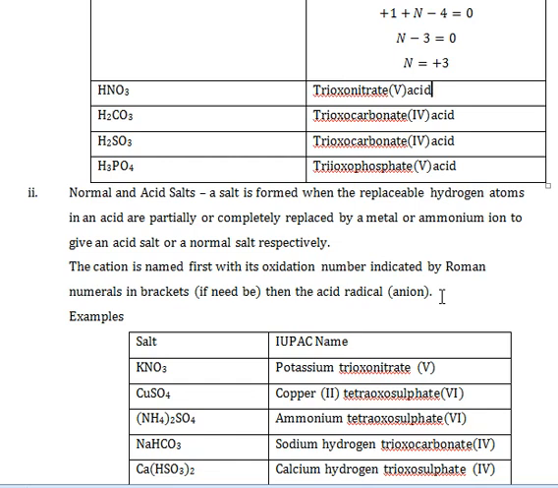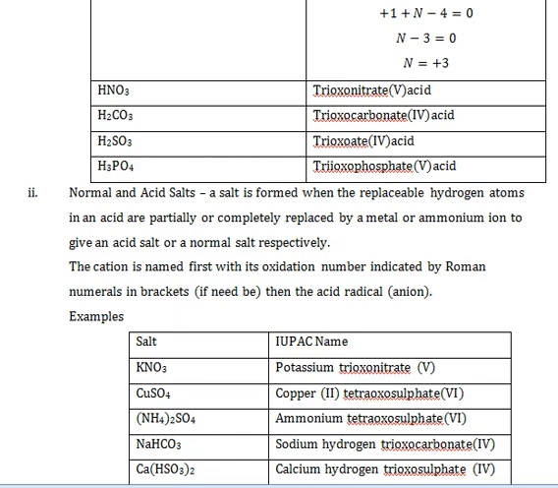So 3 there is tri. So that is trioxo. Then you have nitrate for the nitrogen, (V) acid. The same thing applies to H2CO3. Carbon being the central element there, you call that carbonate. Then for H2SO3, instead of carbonate, you have sulfur as the central atom.